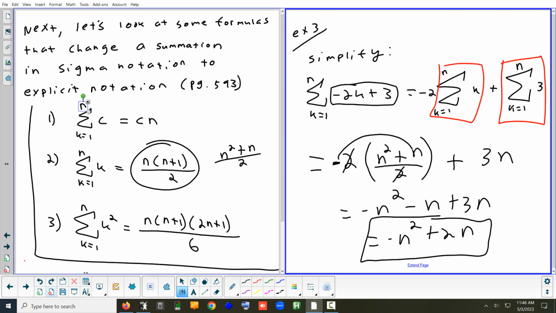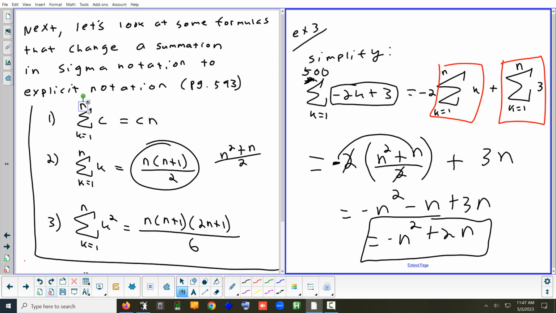And what you just found is a formula for adding up terms. Let's say I wanted you to add up everything from 1 to 500. You would have to take the number 1, plug it in for k, and write down what you get. Plus, take the number 2, plug it in for k, write down what you get, all the way up to plugging in the number 500 for k, and now add up all 500 of those calculations.